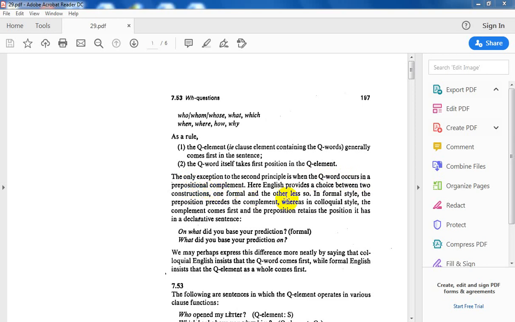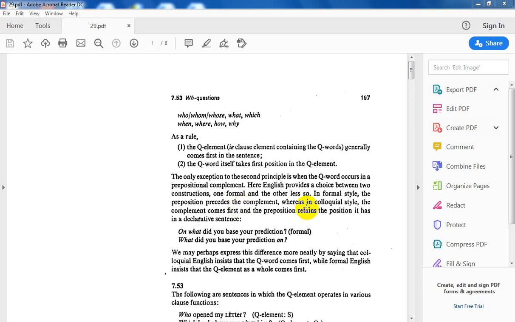Here English provides a choice between two constructions, one formal and the other less formal. In the formal one, the preposition precedes the complement, that is, it comes before the Q element.